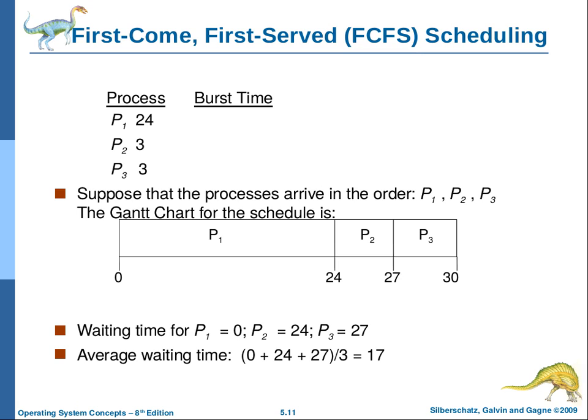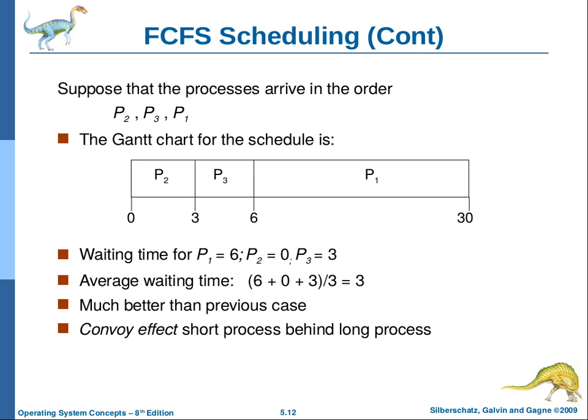So what's the wait time for P1? 0. P2, 24, and P3 waits till 27. Great, average wait time. So if it comes in a different order, the waiting time actually looks a whole lot better.